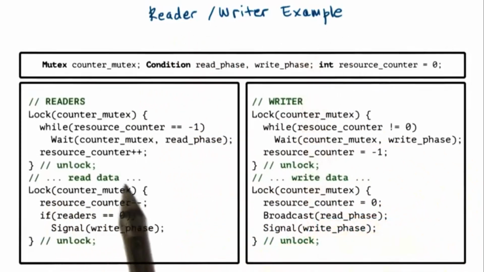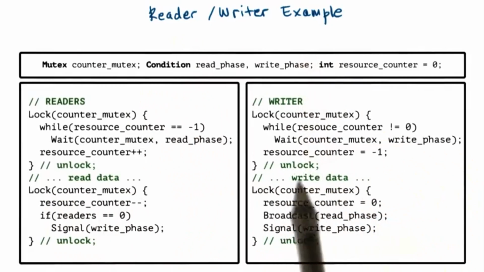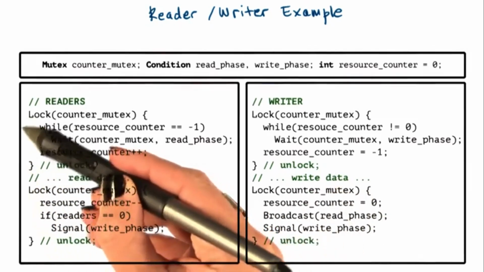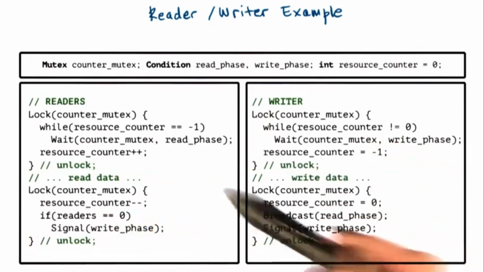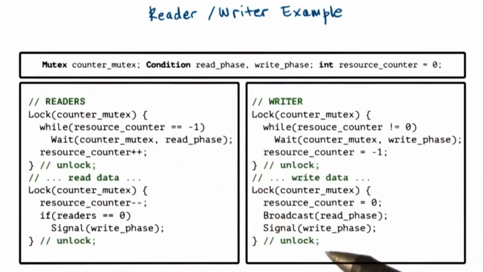The actual shared file is accessed via these read data and write data operations. As we see, these read data and write data operations are outside of any lock construct, both in the case of the readers as well as of the writers. So what that means is that the actual access to the file is not really controlled.